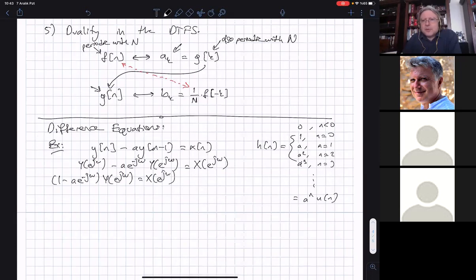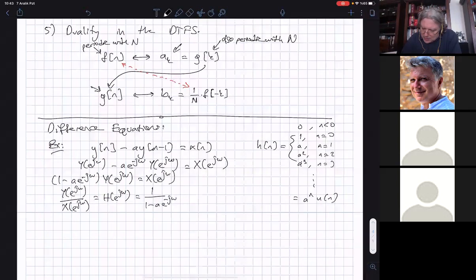And from convolution versus multiplication, Y of e to the j omega over X of e to the j omega will be equal to H of e to the j omega, right? And that is equal to 1 over 1 minus a e to the minus j omega. So I found the frequency response of the system, which is this.